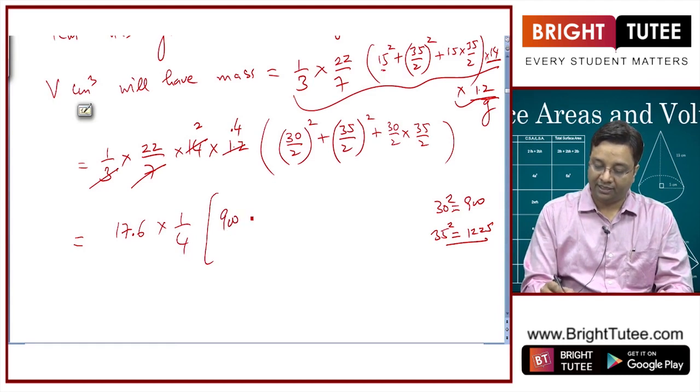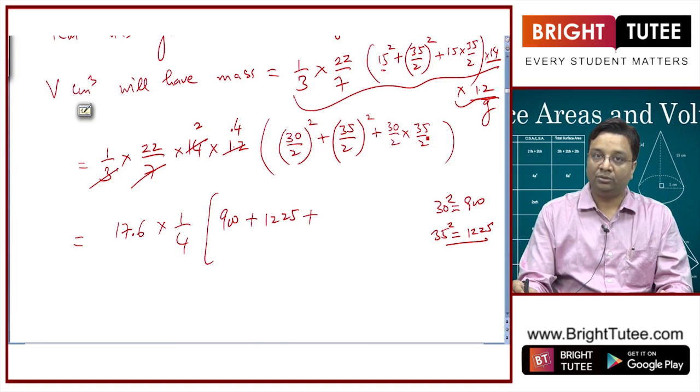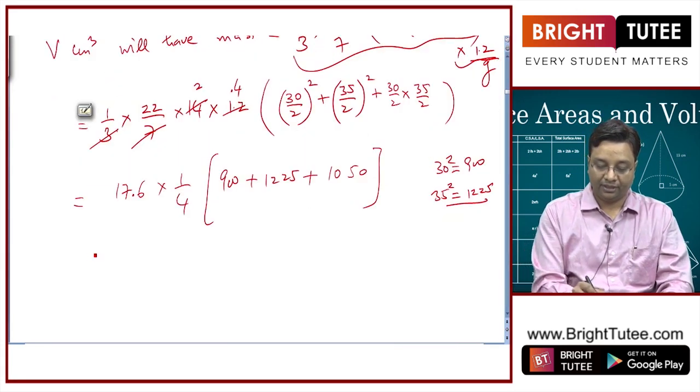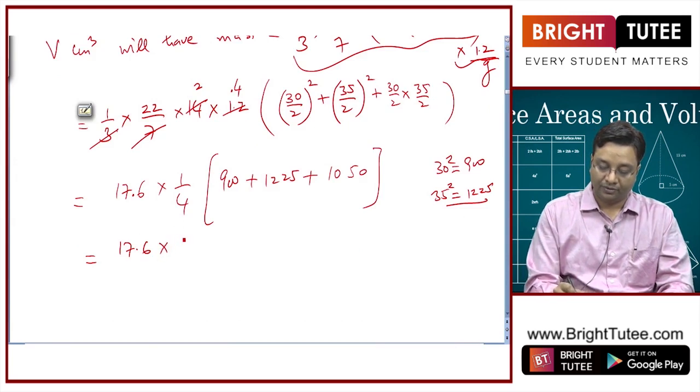From inside I can write 900 plus 1225 plus 30 into 35, which is 1050. Okay.